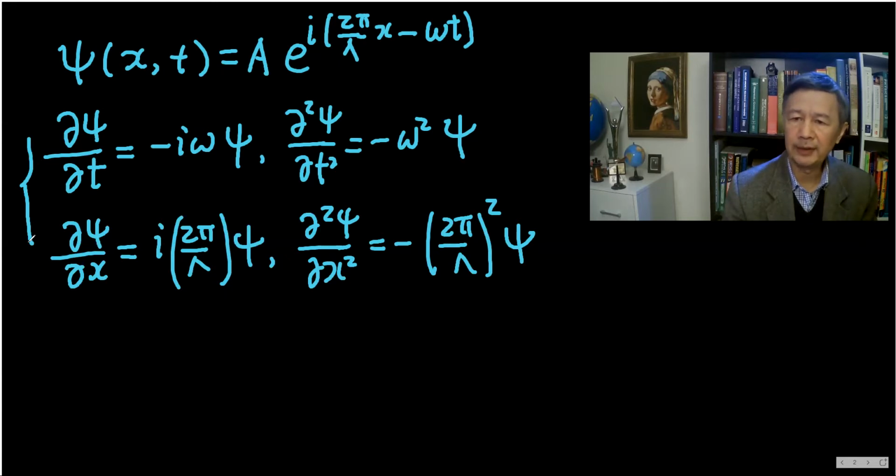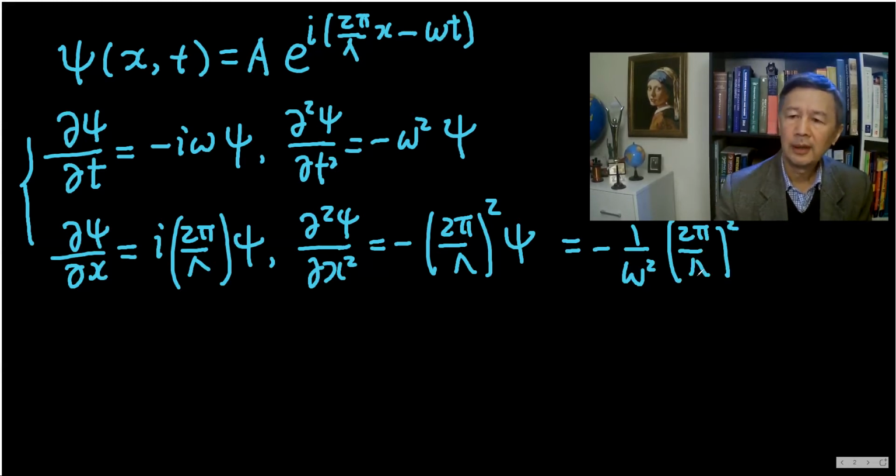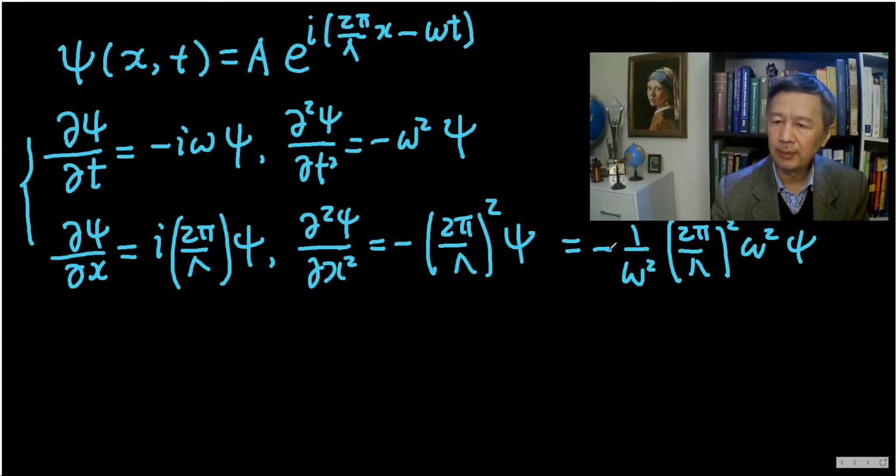If we continue to rewrite this function, we can deliberately put lambda squared divided by omega squared here, then multiply by omega squared phi. In this way, we can put the negative sign here.